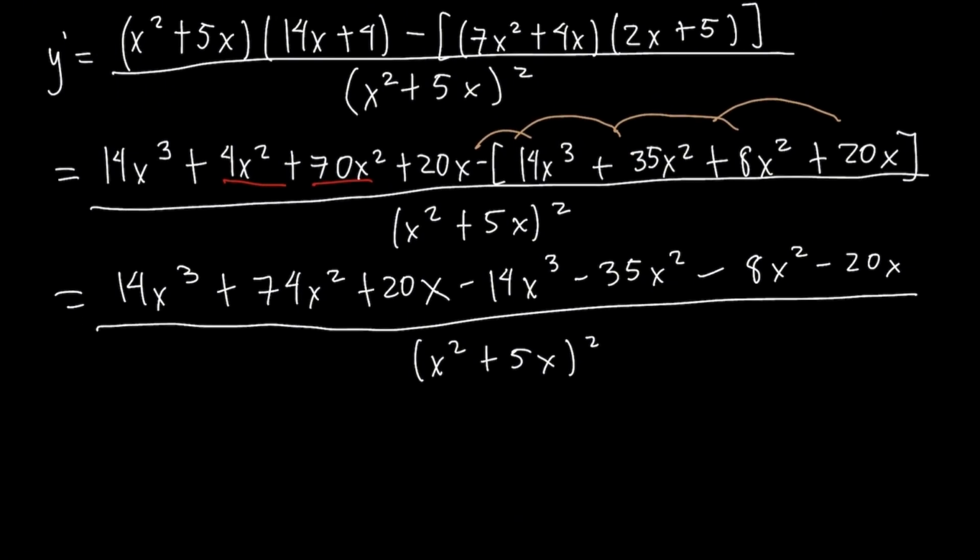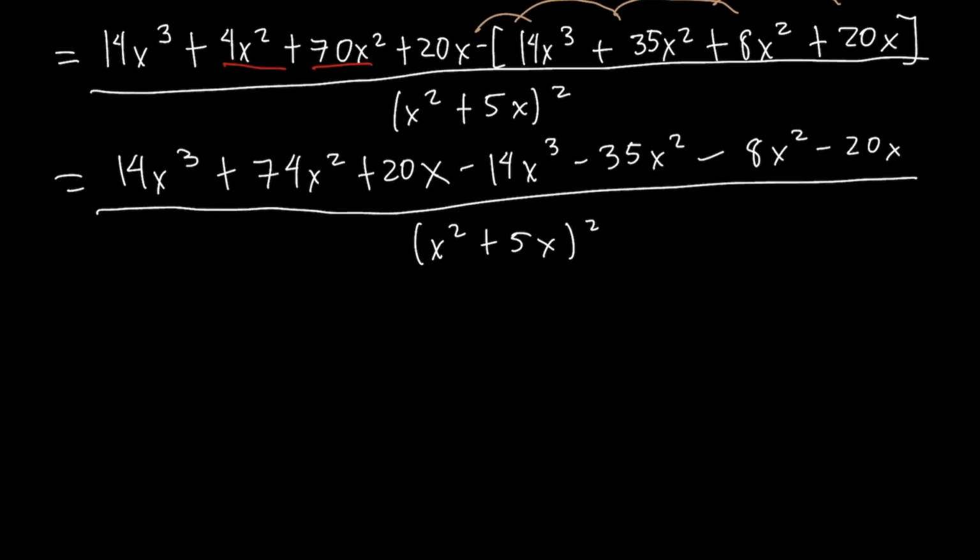So let's simplify things here. We can notice here that we have 20x and negative 20x, so they both cancel out each other. We can also cancel 14x cubed minus 14x cubed.